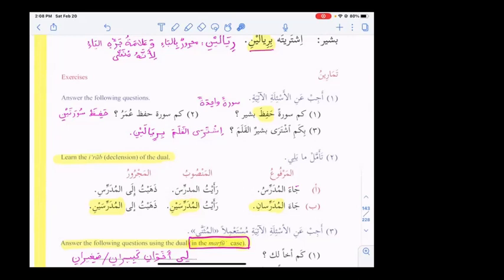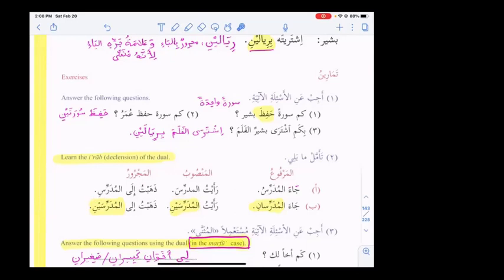Dhahabtu. I went. Where did you go? Ila al-mudarrisi. Ila is a harf jar. It will make mudarrisu majrur, mudarrisi. So this is marfu bid-damma, mansub bil-fatha, majrur bil-kasra.